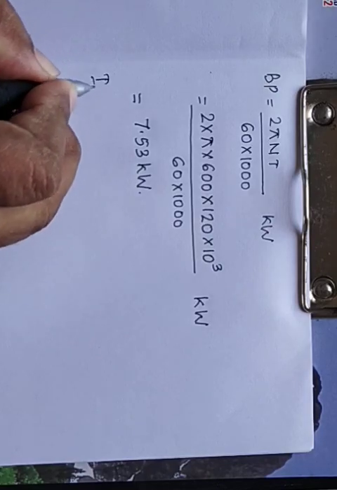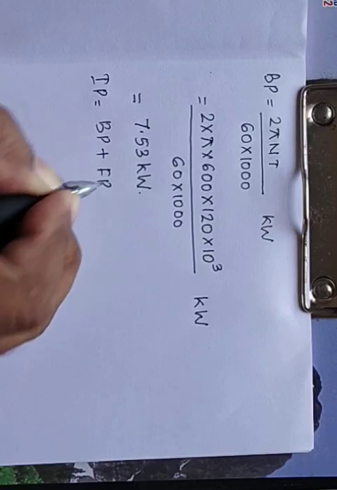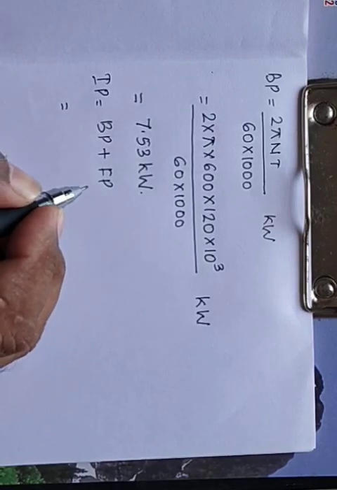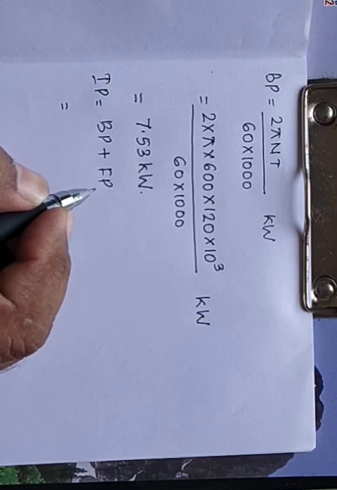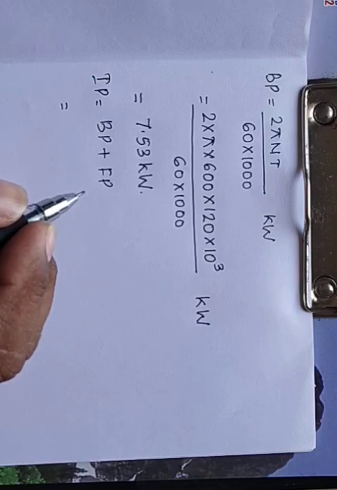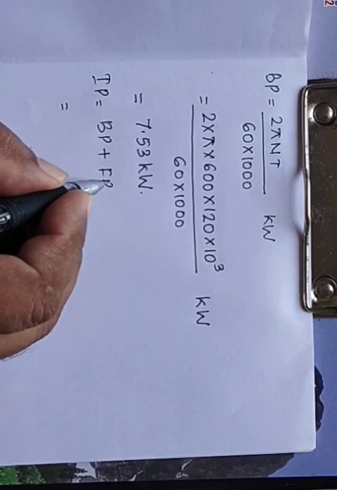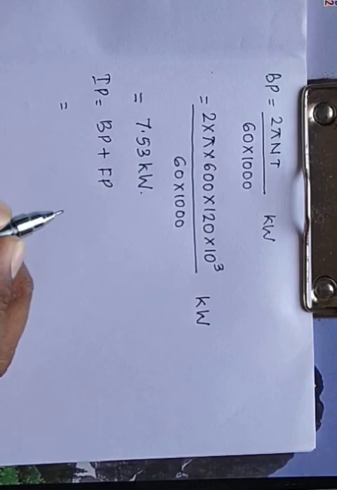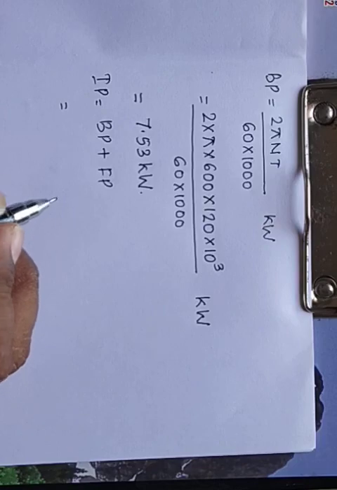So once you find out the value of BP, you can find out the value of IP. That is IP is equal to BP plus FP. FP is given in the problem as 1.5 kilowatt. The diesel engine was motored when the reading was 1.5 kilowatt. So when the motoring test was conducted, the reading was 1.5 kilowatt, means the power consumed by the engine to overcome the friction is 1.5 kilowatt.